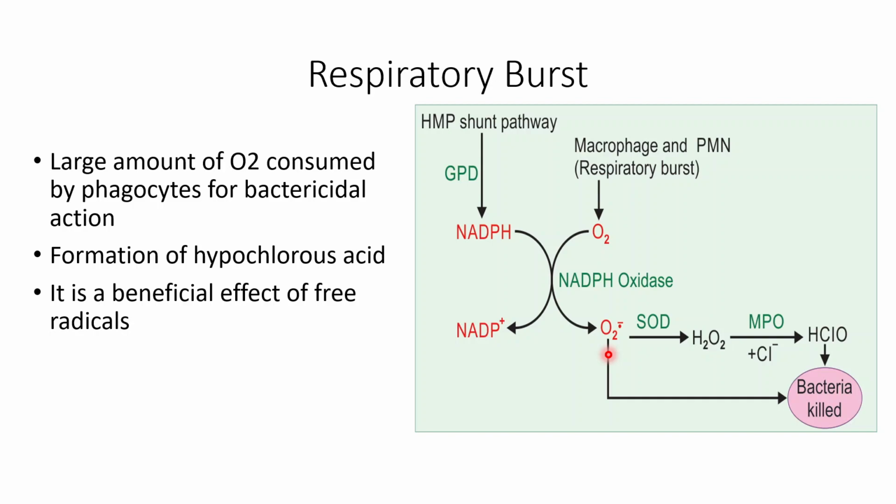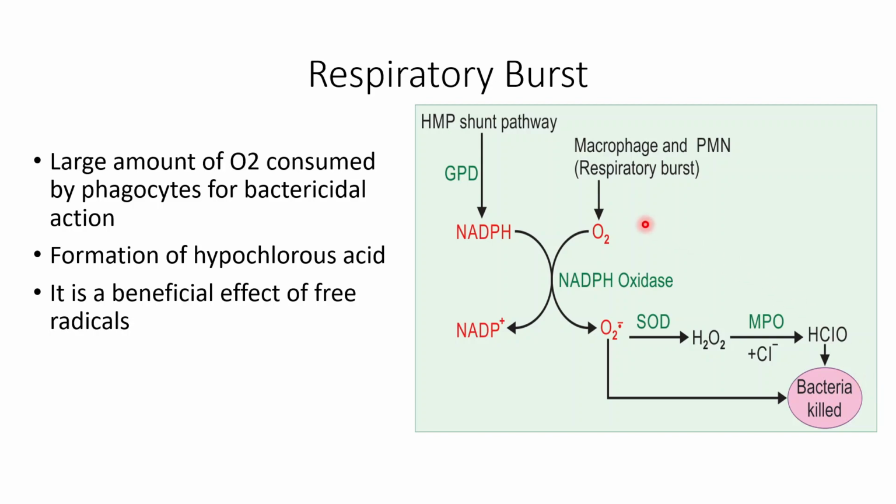Now this superoxide anion is acted upon by superoxide dismutase to form hydrogen peroxide. Now this hydrogen peroxide is acted upon by myeloperoxidase, and with the help of halogens like chloride, it forms hypochlorous acid. Now this hypochlorous acid is what kills the bacteria within the neutrophils. So this is how neutrophils and macrophages kill the bacteria.